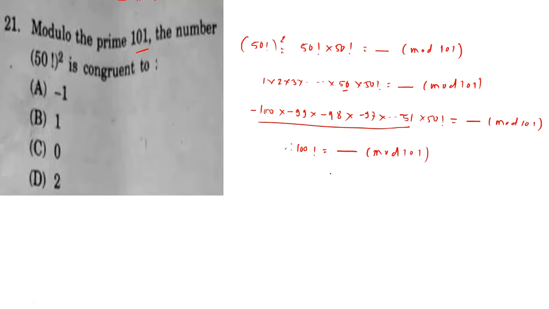Wilson's theorem says that if p is a prime, then (p minus 1) factorial is congruent to minus 1 mod p. So 100 factorial is congruent to minus 1 mod 101. By Wilson's theorem the answer is minus 1. This is the theory behind it.